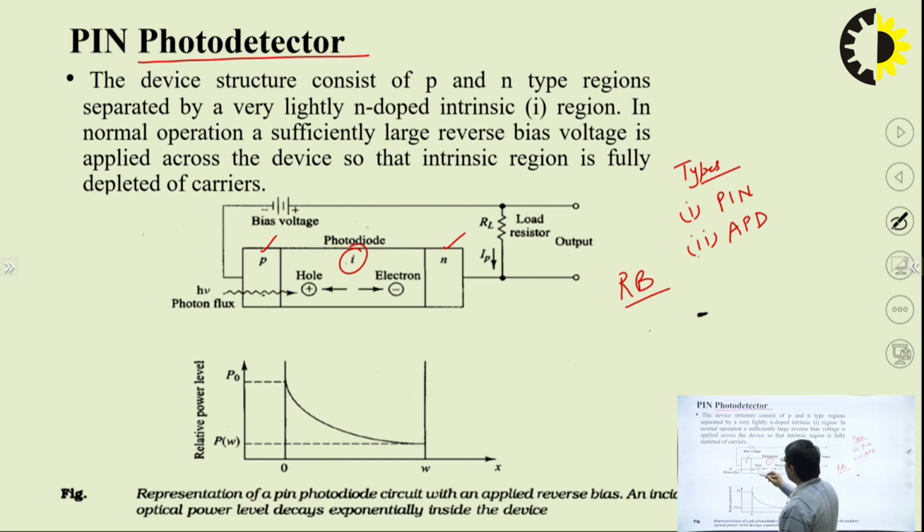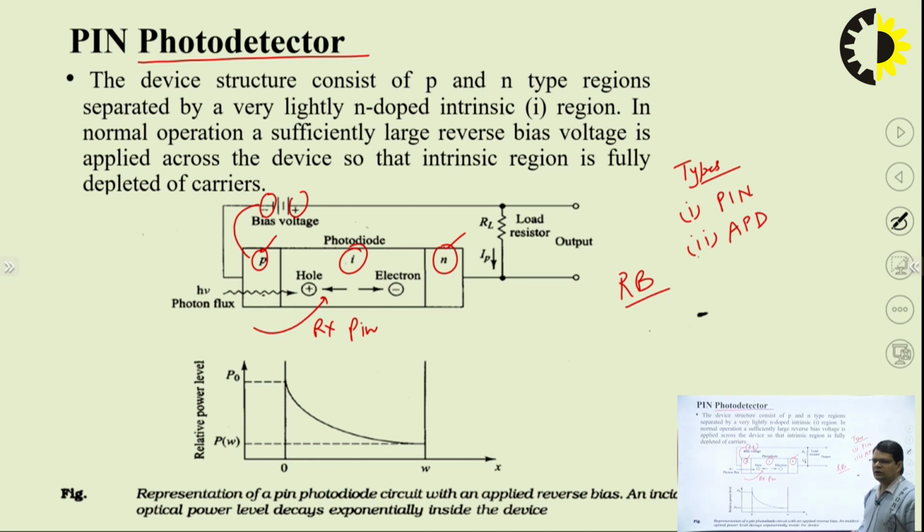So this P is connected with the negative of the battery and this N is connected with the positive terminal of the battery. And in the I layer, the received optical power is incident over the depletion region of the PIN photodetector.